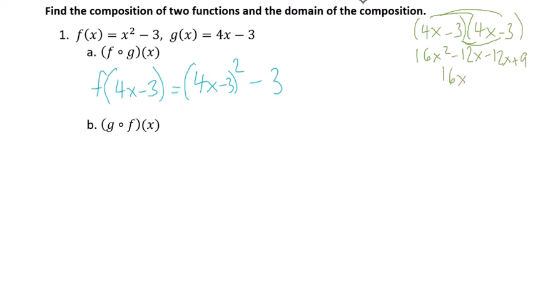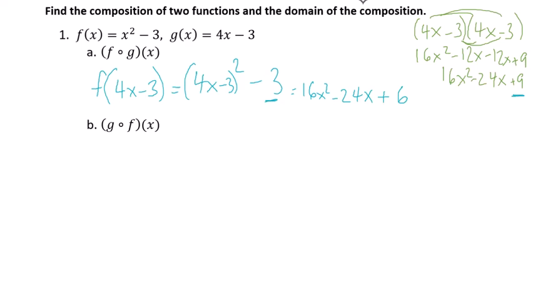So that's 16x squared minus 24x plus 9. So 16x squared minus 24x plus 9, and then minus this 3 would give you plus 6.